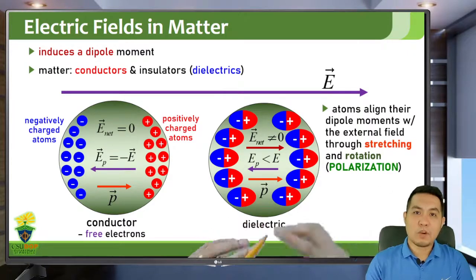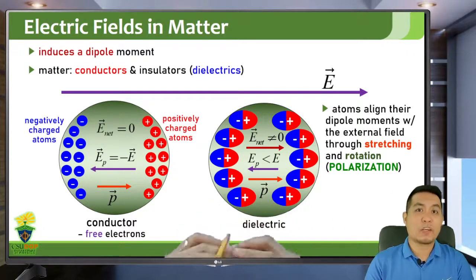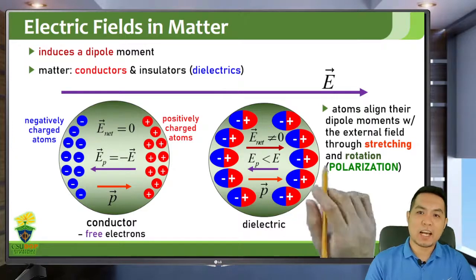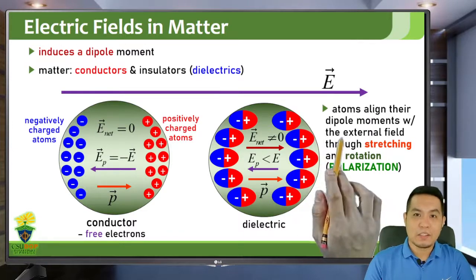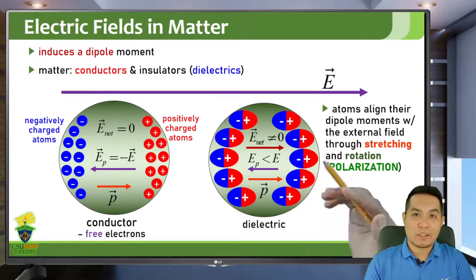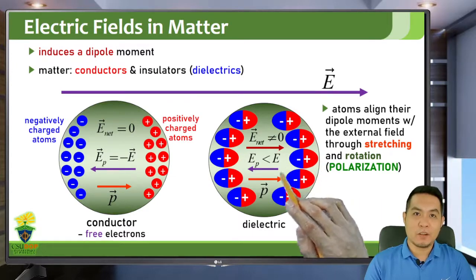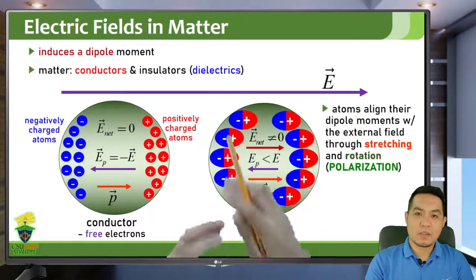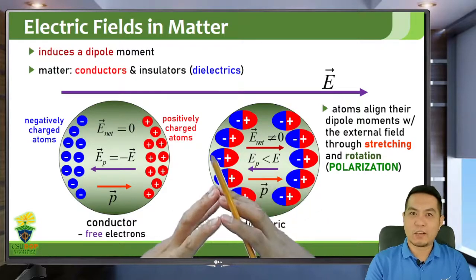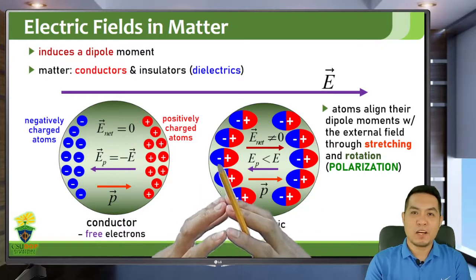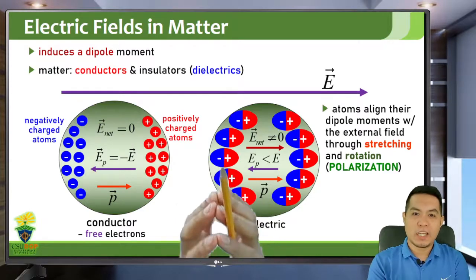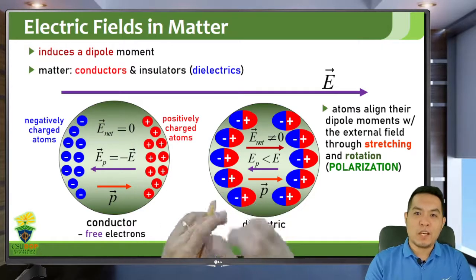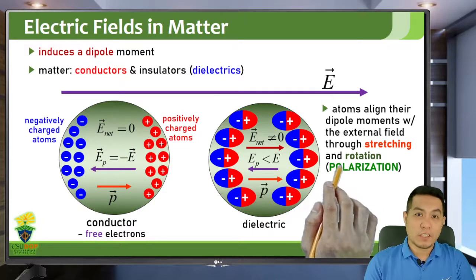So the atoms or the molecules inside the dielectric actually align their dipole moments with the external electric field through stretching, such as this one. So the atom, from a perfectly spherical form when it's neutral, can stretch or it can rotate.